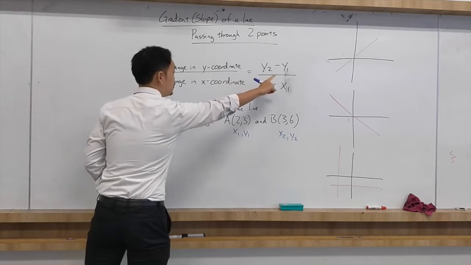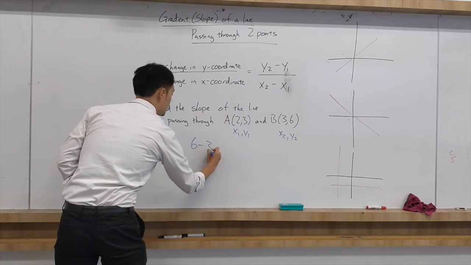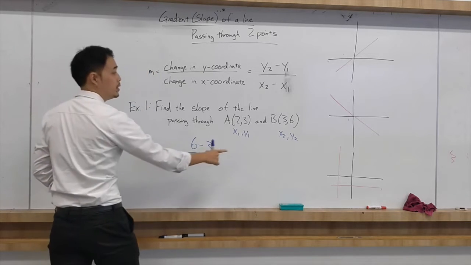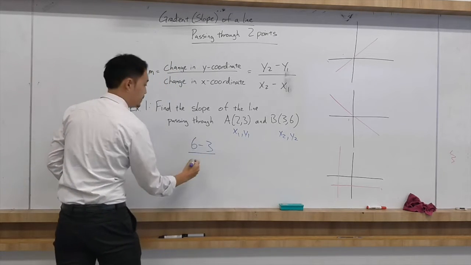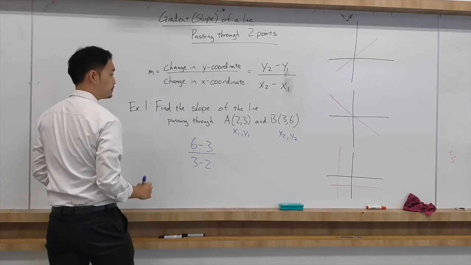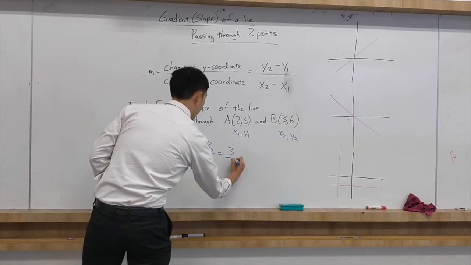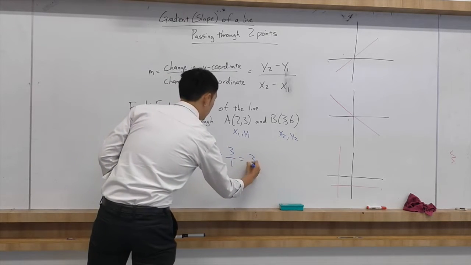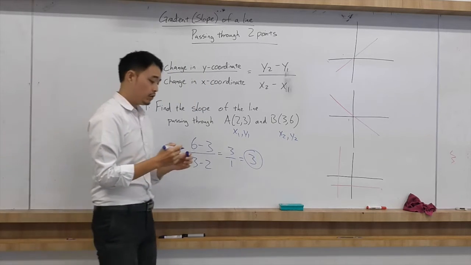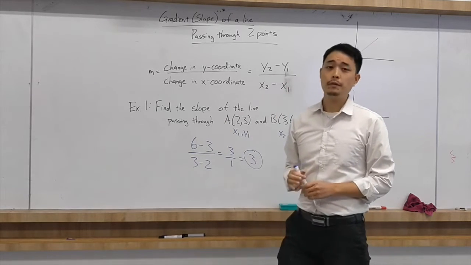So y2 minus y1 is going to be 6 minus 3, and our x2 minus x1 is going to be 3 minus 2. So overall, our slope in this case is going to be 3 over 1, which is equal to 3.